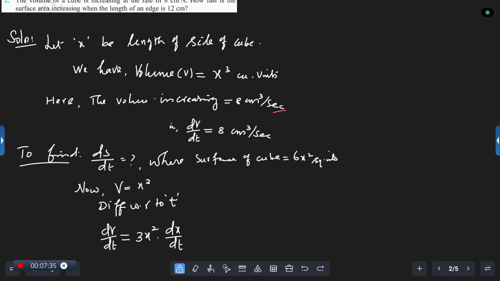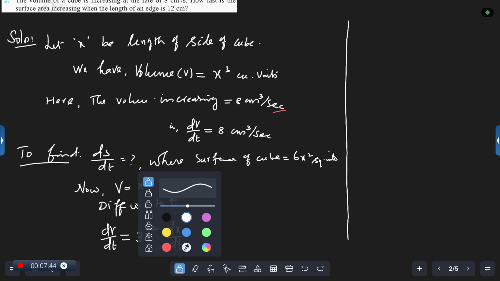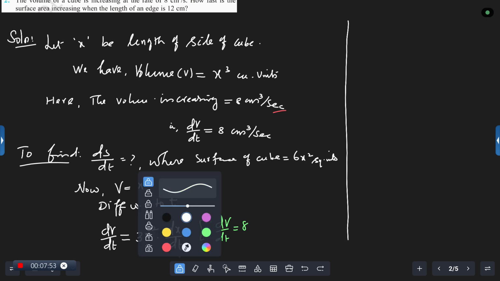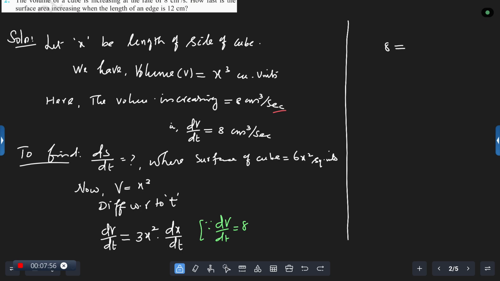Any doubts, students? Now, dV by dt is given as 8. So 8 equals 3x square into dx by dt. Therefore dx by dt equals 8 by 3x square. This is the rate of change of the side of the cube.